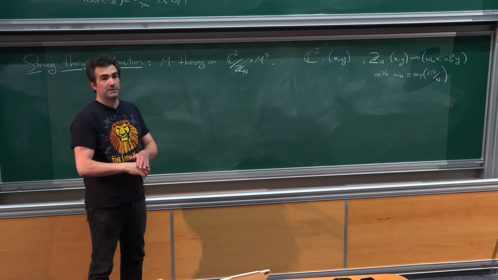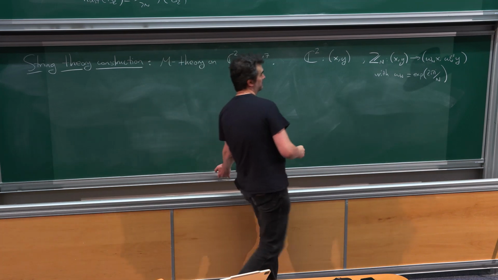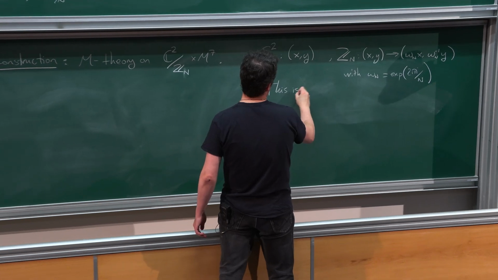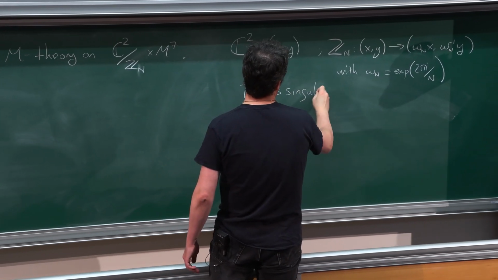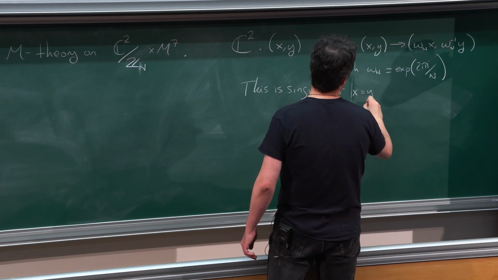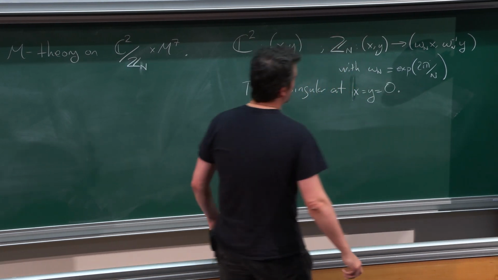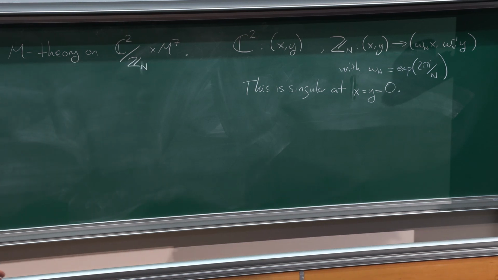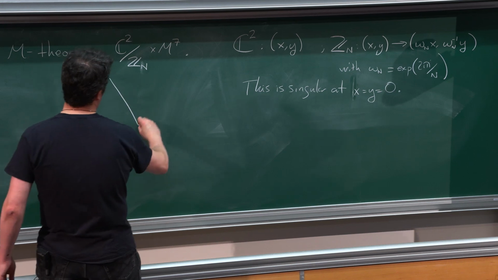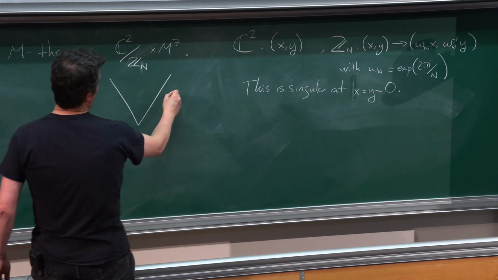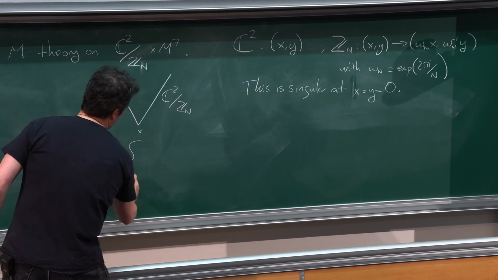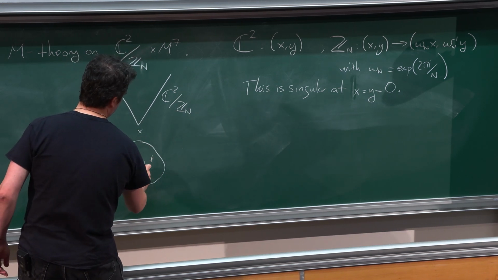So this space is singular at the origin, and the field theory will live on this singularity. So here's the cartoon. I have C^2 mod Z_N here, times some M7. There's M7.